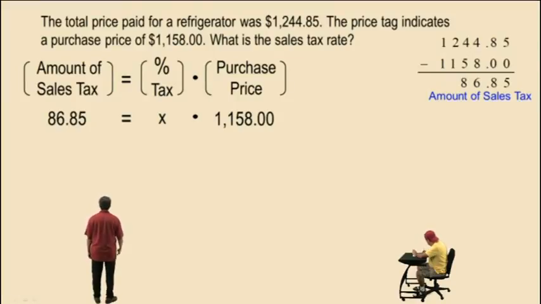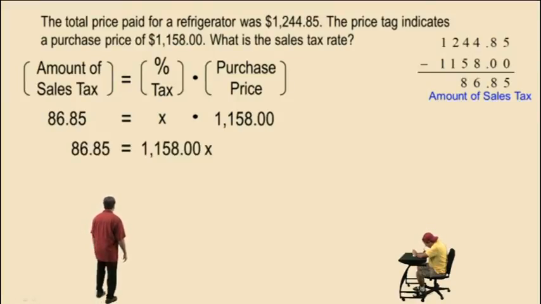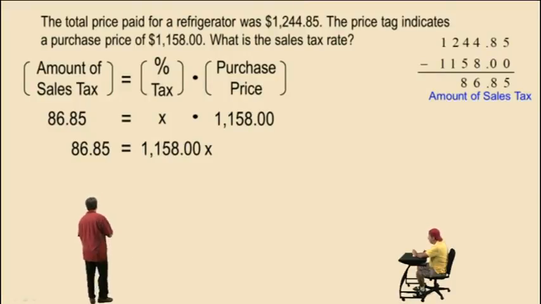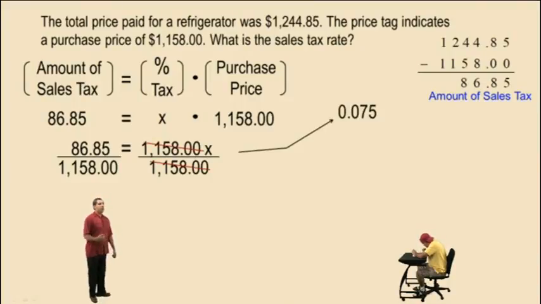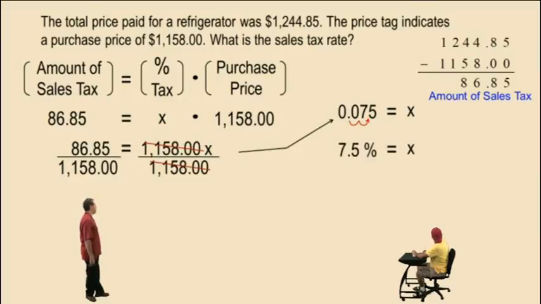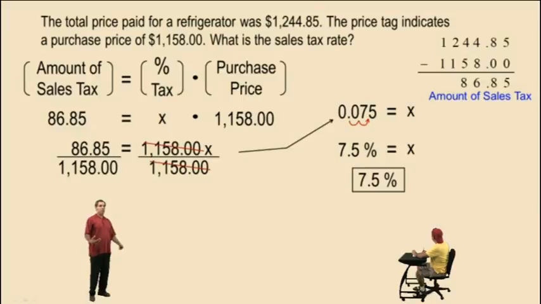And so our equation is $86.85 is equal to 1,158x. To solve for x, we divide both sides by 1,158. And we get 0.075 for x, where x represents the percent sales tax. So we need to report a percent. So to convert a decimal to a percent, we move the decimal 2 places to the right, and so our answer is 7.5%. So the sales tax rate, or percent sales tax, was 7.5%.